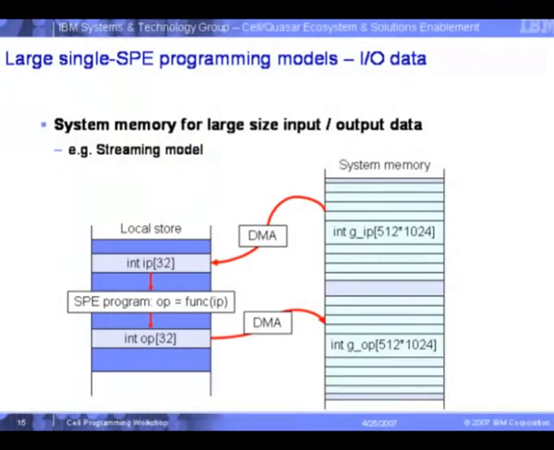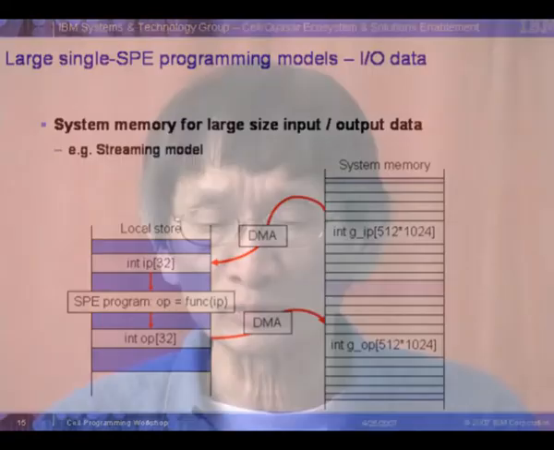For I/O, we do the same thing: we DMA the data. For example, here the int declared by IP32 is an array of 32 entries. We feed it to the program's ops function with the argument IP, perform the operation, generate the output, and DMA back to system memory, which is the main program running over here.